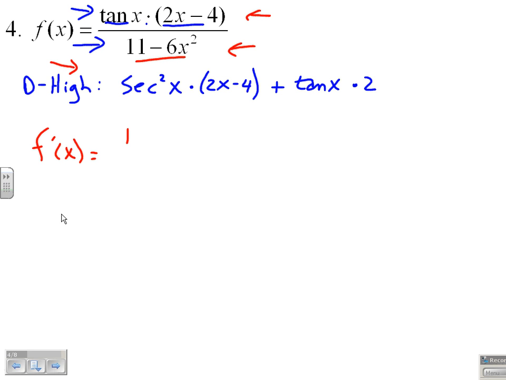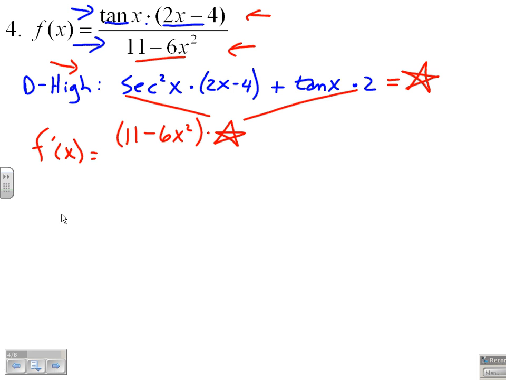F prime of x equals low d high. Now, just in the interest of space here, I'm going to say that my d high equals star. So I need low d high. So we're seeing all of this guy right here. Low d high minus my high function, tangent of x times 2x minus 4, low d high minus high d low.